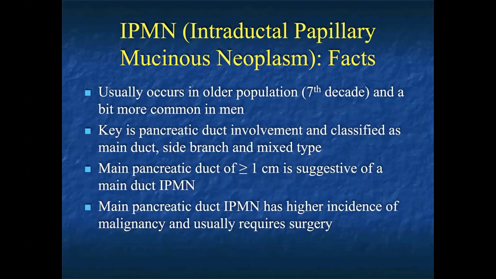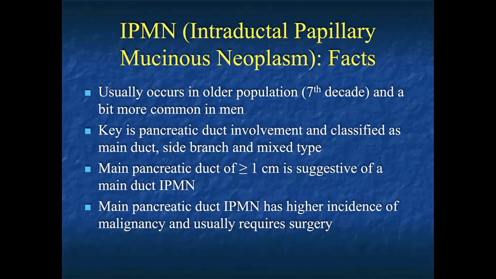IPMNs are a challenge. It's an older population. They can be single or multiple. They can involve the pancreatic duct. Most IPMNs are branches like grapes off the duct, though you may only see the duct dilated, and that's considered a main duct IPMN. Anything above a centimeter, we typically say main duct IPMN when the duct is dilated and there's no central obstruction proximally.